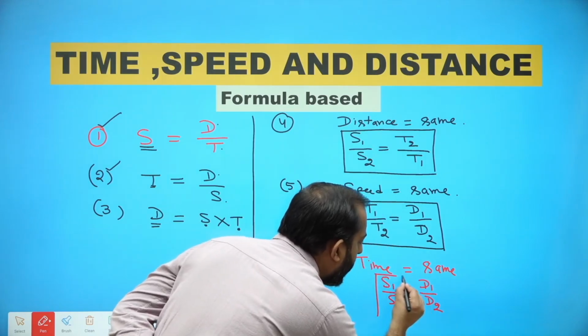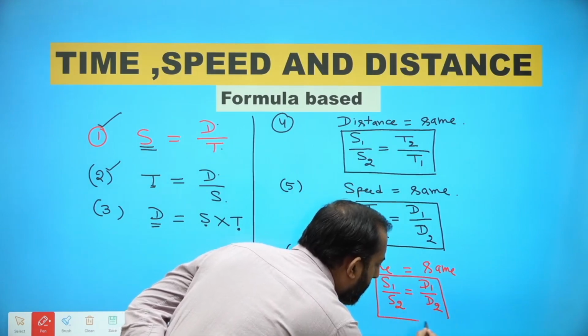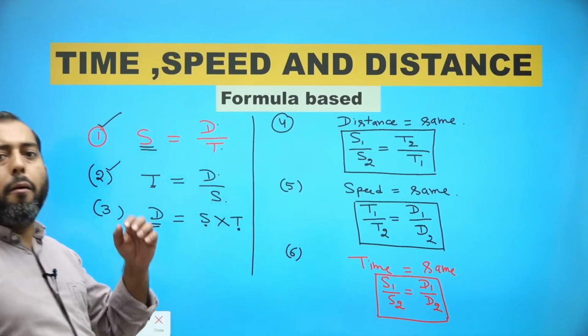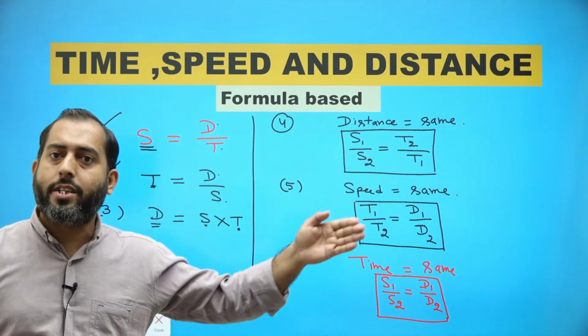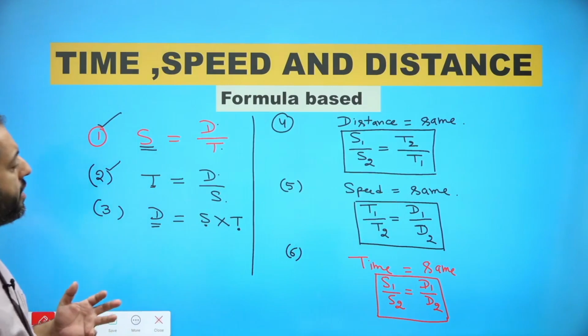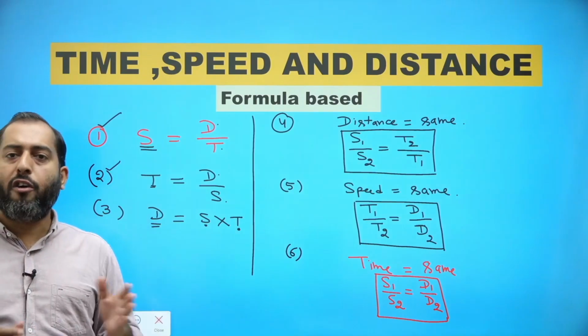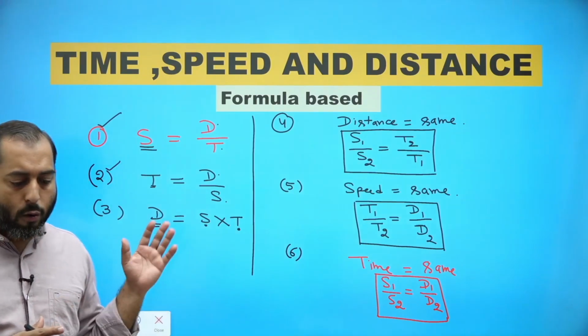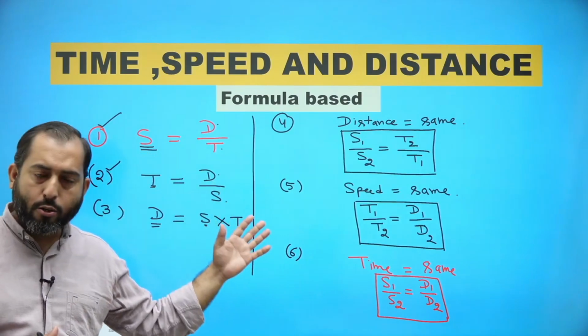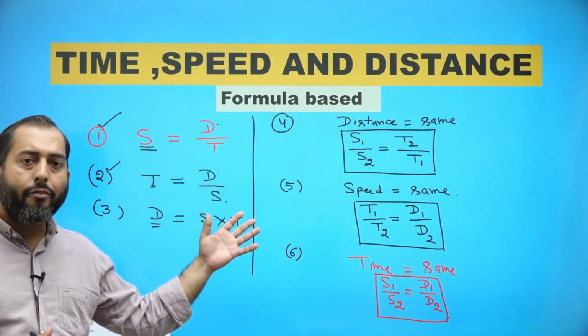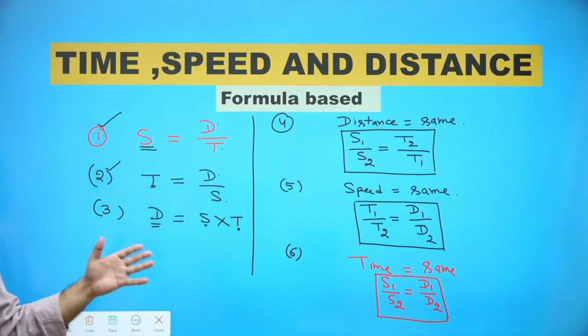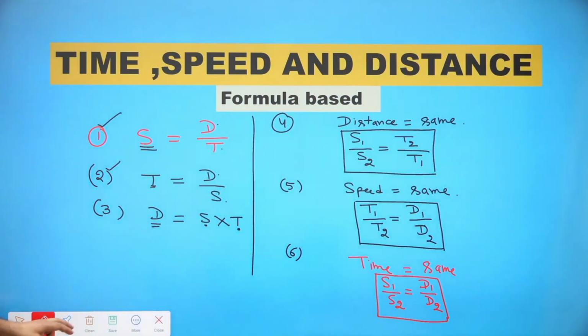Meaning, if time taken is the same, then more speed corresponds to more distance traveled. So these are the few scenarios that we will use while dealing with questions of time, speed and distance. I hope this is clear to you. If you want to make a note of it, kindly pause the video and note it down. Okay, now let's move on.